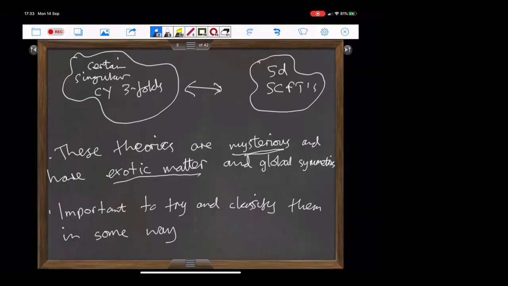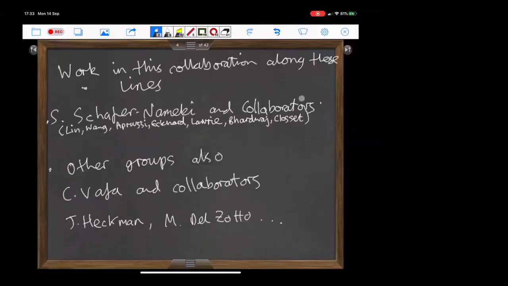So it's really important to try and understand what these things are, and even to try and classify them in some way. There is work in our collaboration, especially due to Sakura and collaborators over the years, and several other groups as well. Probably this is a rather incomplete list of names, so I apologize for that.